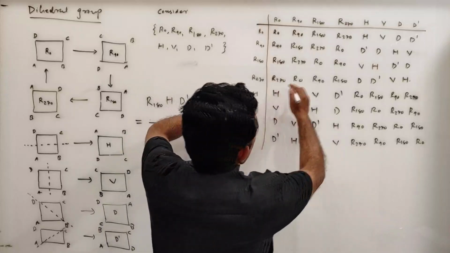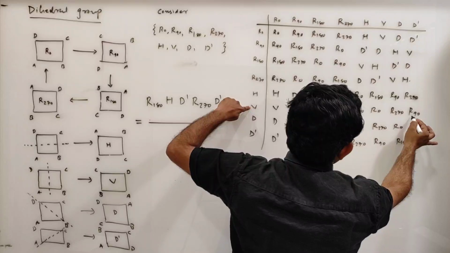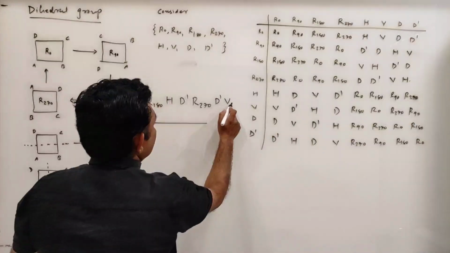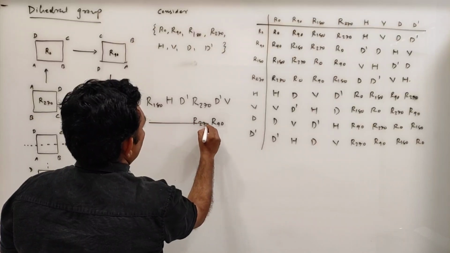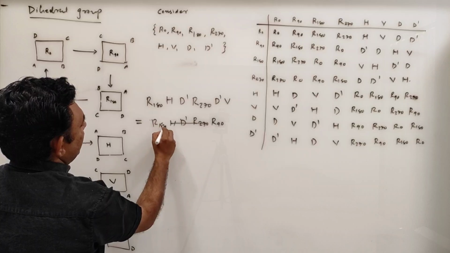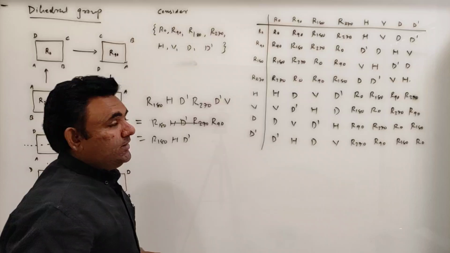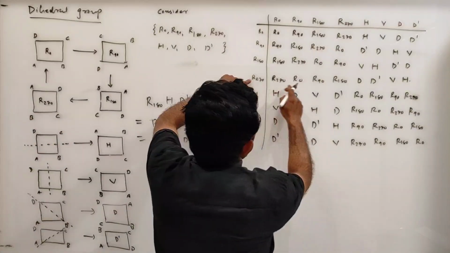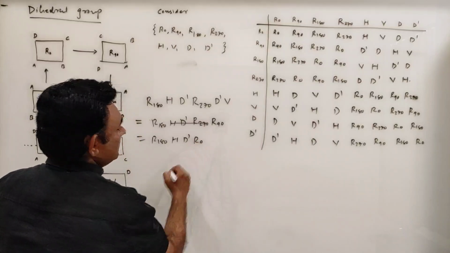So V and here D dash. V D dash is what? V D dash is R90. So this expression becomes R180 H D dash R270 R90. Now R270 R90 is R0. So this is R0.